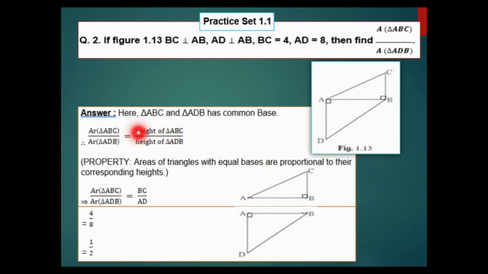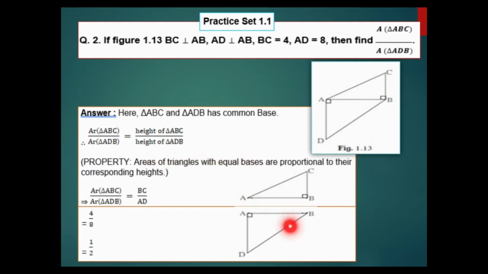So here triangle ABC and triangle ADB have a common base. So see these two separate diagrams for triangle ABC and for triangle ADB. So the base is AB here. So we write area of triangle ABC upon area of triangle ABD equals height of triangle ABC upon height of triangle ADB.